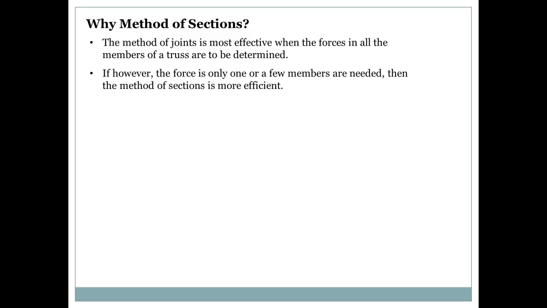But if you are interested in only a few members of the entire truss, let's say the truss has 10 members, and you only want to know the magnitude and type of the force in a certain member or a group of members, let's say 3-4 of them, your best bet is to use the method of sections because it's more efficient.